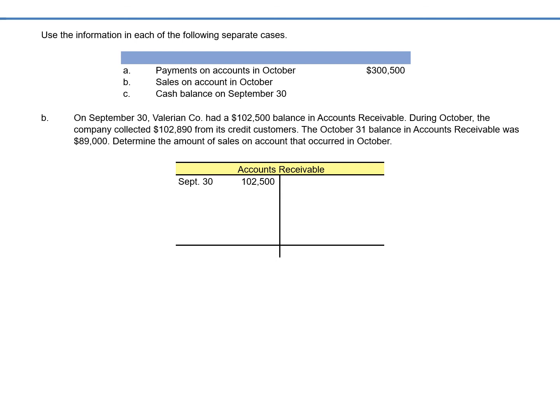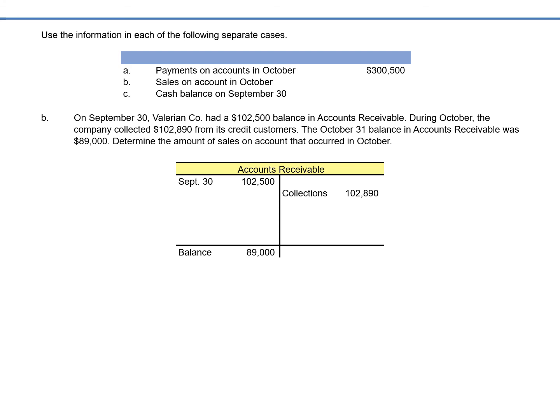So our accounts receivable goes down and our cash balance goes up. So in order to decrease an asset account, do you debit or do you credit? You credit, right? So the collections are going to go on the right side of your T account for $102,890. Then they give us the ending balance and they say the ending balance is $89,000.